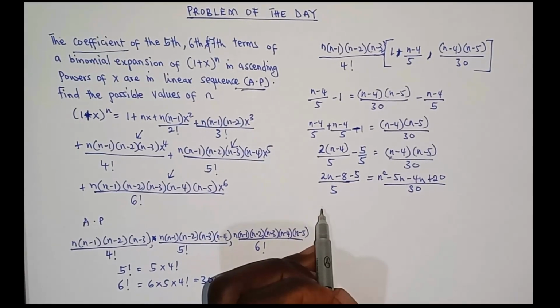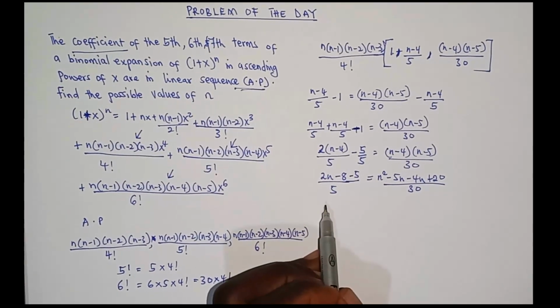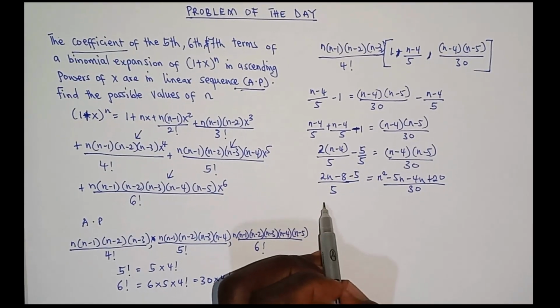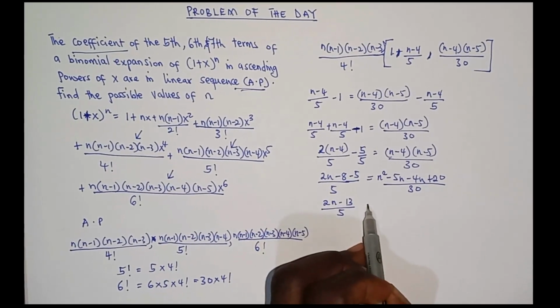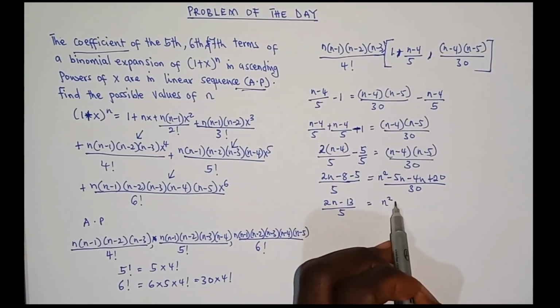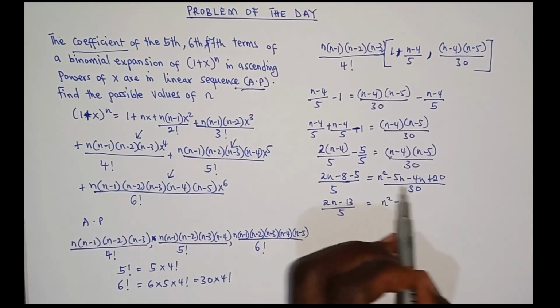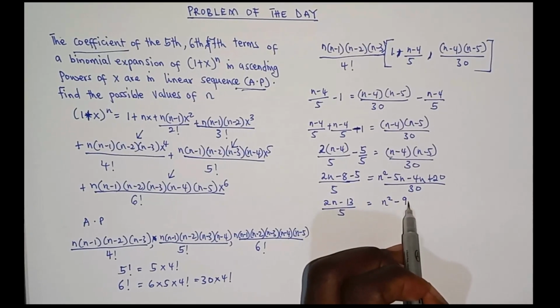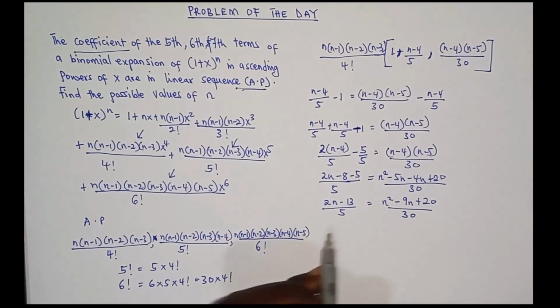So minus 8 minus 5 is minus 13. We get (2n − 13)/5 equals (n² − 9n + 20)/30.